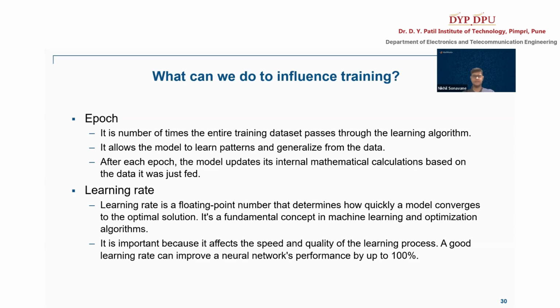It is important because it affects the entire speed and quality of the training process, and a good learning rate can improve neural network performance by up to 100% also. Again, you will have to try different values of epochs, learning rate, and other training options, and then see what is optimal for your specific application.